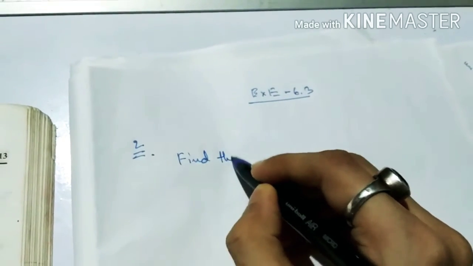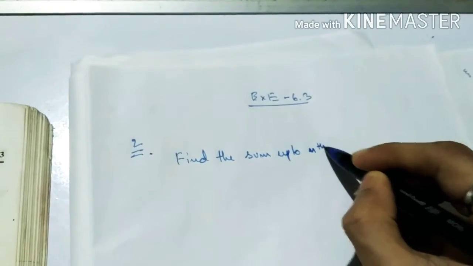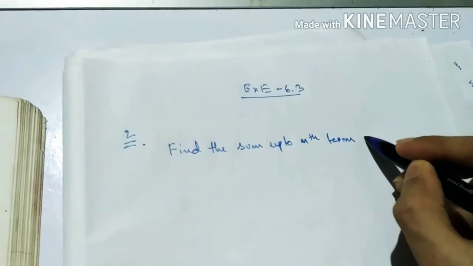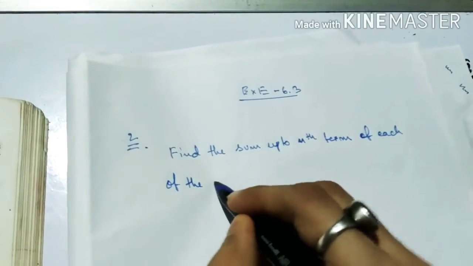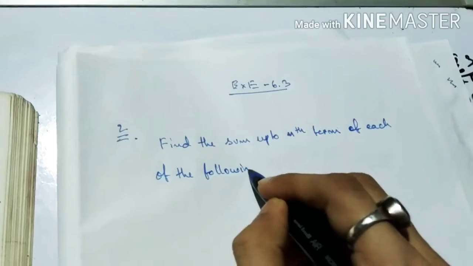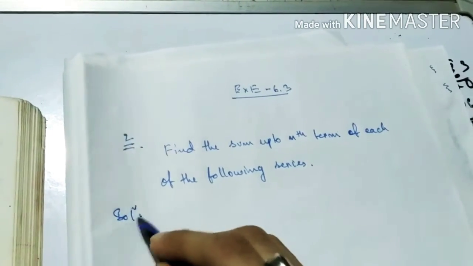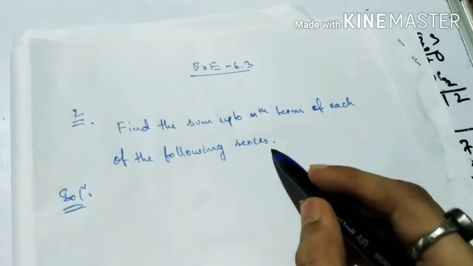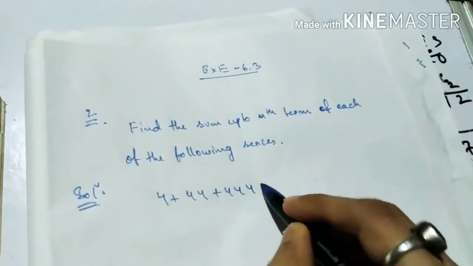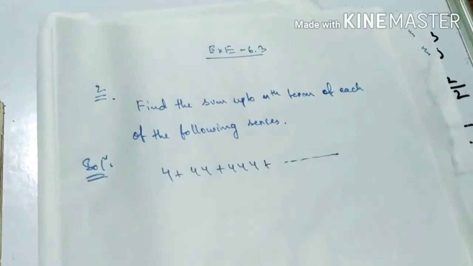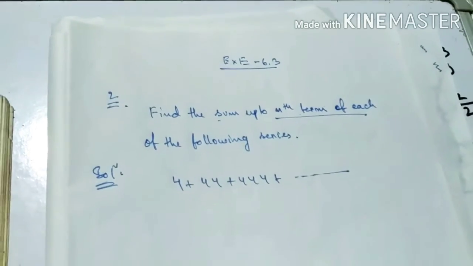Find the sum up to nth term of each of the following series. So this is 4 plus 44 plus 444 plus dot dot dot. I have to find the sum up to nth term.